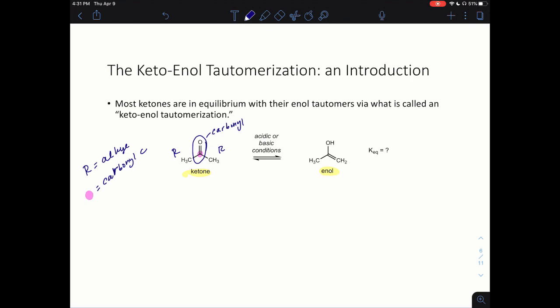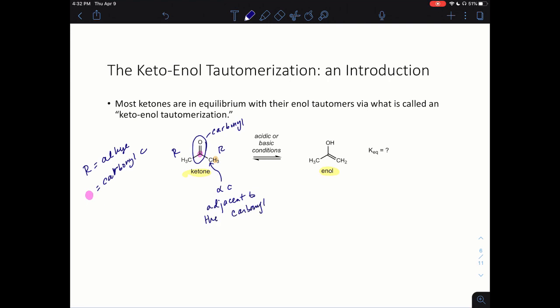Well, what is the enol? Well, the enol is really similar, except it looks like one of these hydrogens on what's called the alpha carbon, so the alpha carbon is adjacent to the carbonyl carbon.